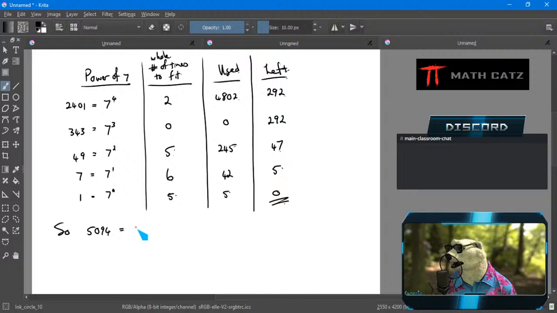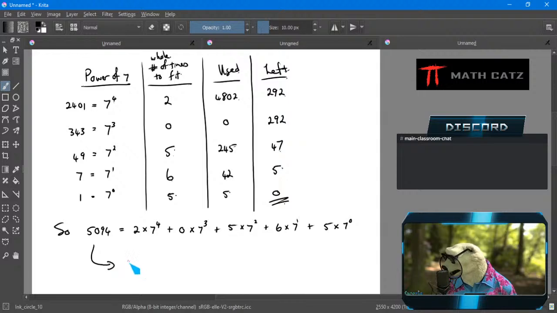5094 is 2 groups of 7 to the 4, 0 groups of 7 cubed, 5 groups of 7 squared, 6 groups of 7. You can write 7 to the 1 here if you want to. And 5 groups of 1s, or 7 to the 0.